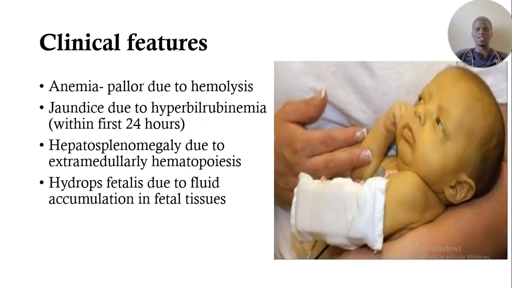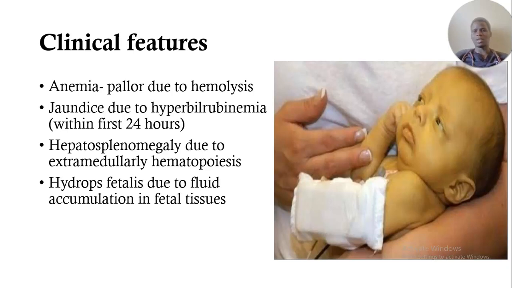So some of the clinical features: since there is hemolysis, there is destruction of the red blood cells, so there is going to be low Hb, anemia. And due to the metabolism of the hemoglobin, bilirubin is one of the products which comes out, and this bilirubin is deposited on the skin and in the sclera, so someone gets jaundice.